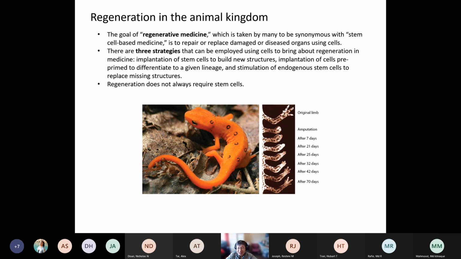Okay, so as I said, we're always going to focus on the fundamental side of stem cell biology. In today's lecture, I'm going to describe regeneration. So what is regeneration?